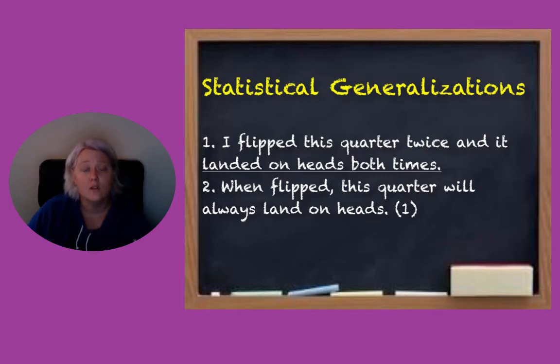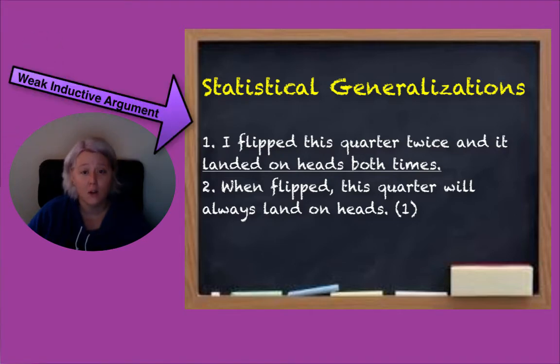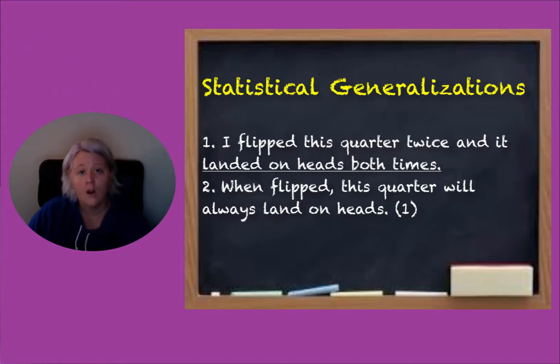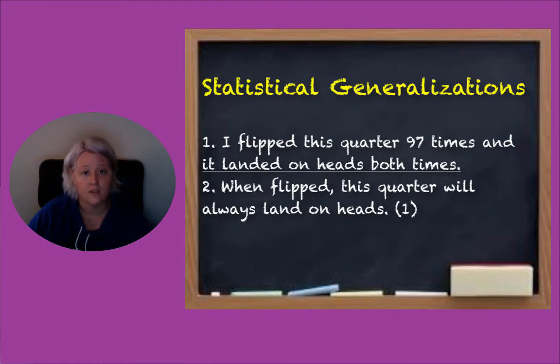I take two sample cases, that's my sample set, and I draw a generalization from that sample. Because I flipped a coin twice and it landed on heads both times, I conclude that the coin will always land on heads. Now, clearly this is not a very strong argument, but it is an inductive argument of the form statistical generalization.